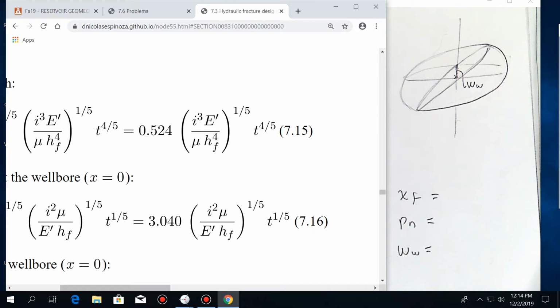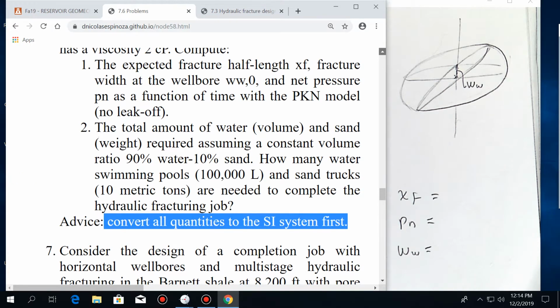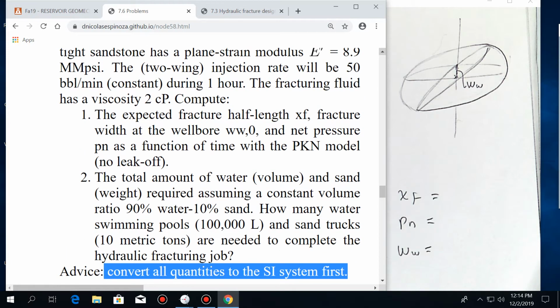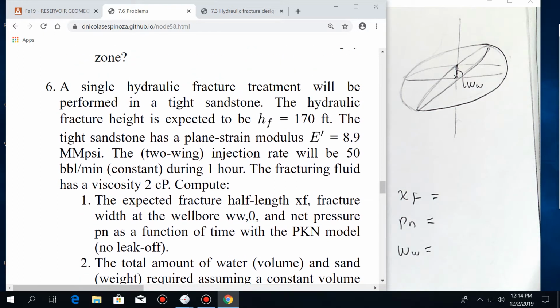So again, for this problem, I recommend that you do it with Excel, but verify manually at least the last point. In this problem, you have to compute this. Let me read again.